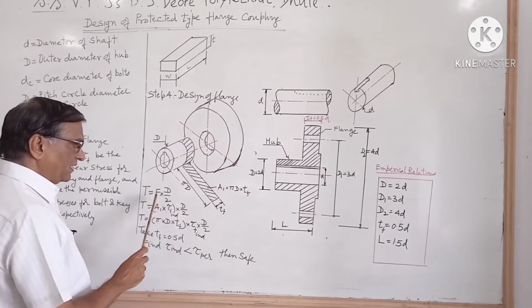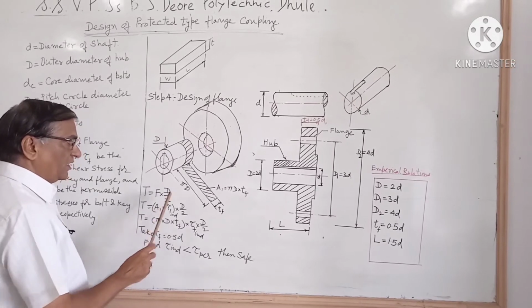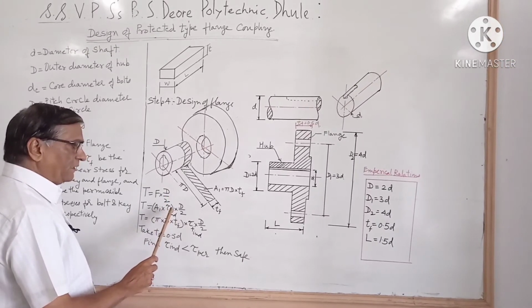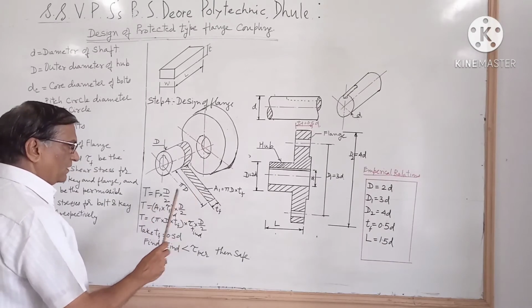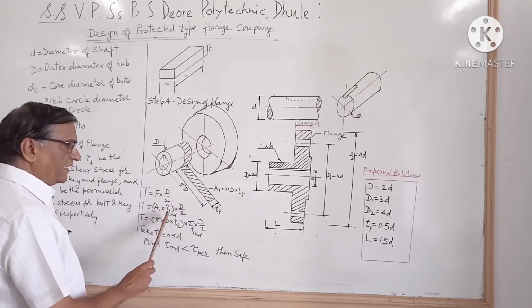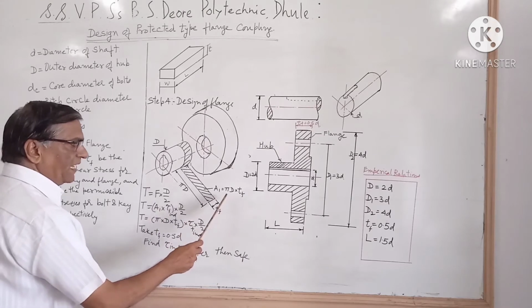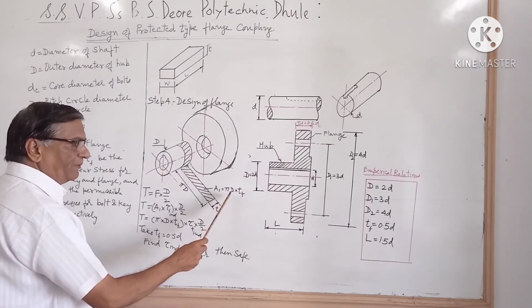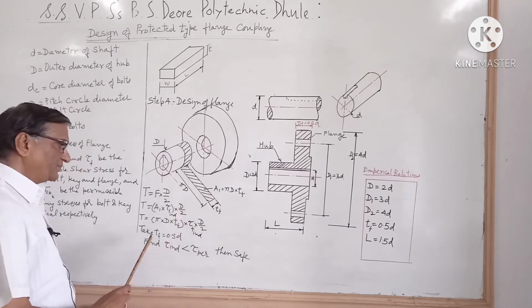Torque is equal to tangential force, and force is equal to the area into shear stress induced, and area is given by the shaded strip, capital D into Tf.